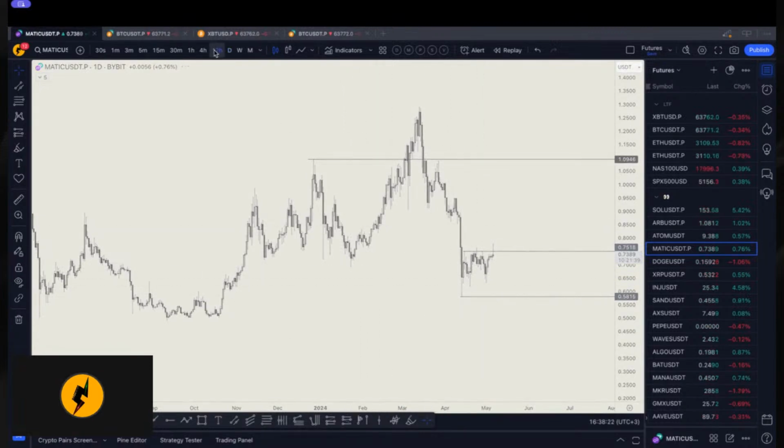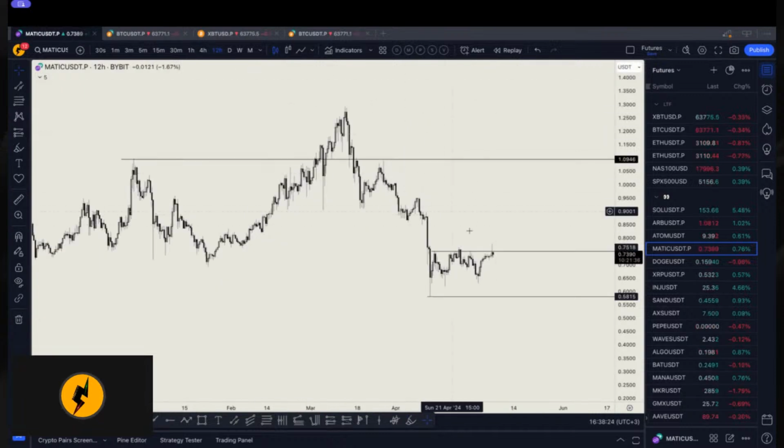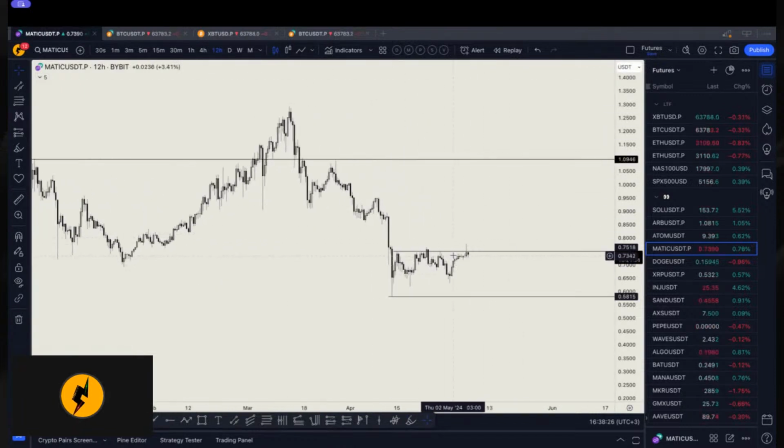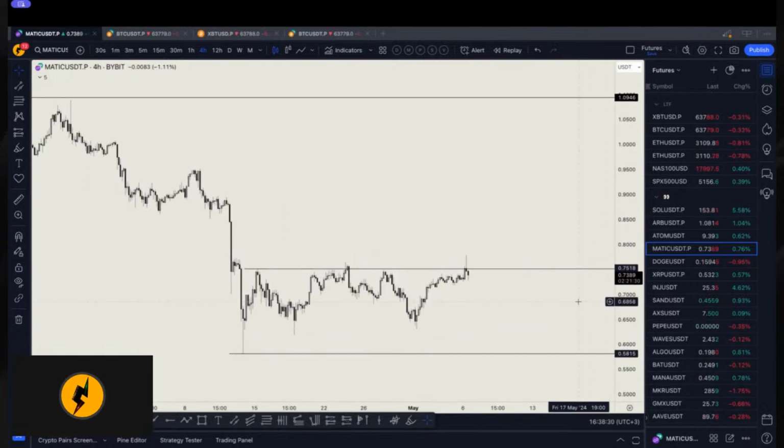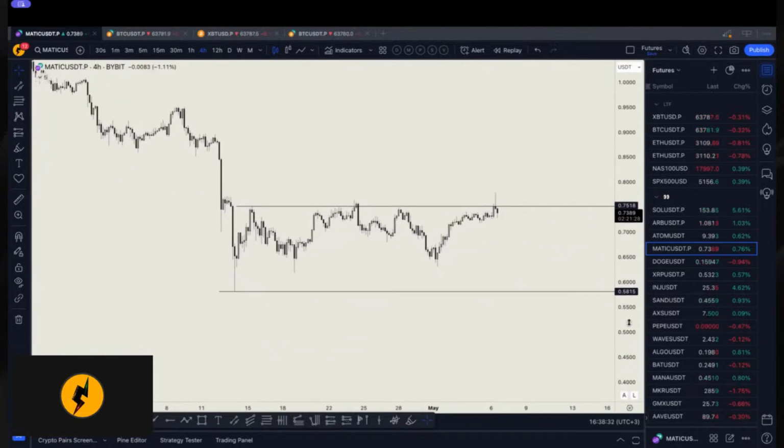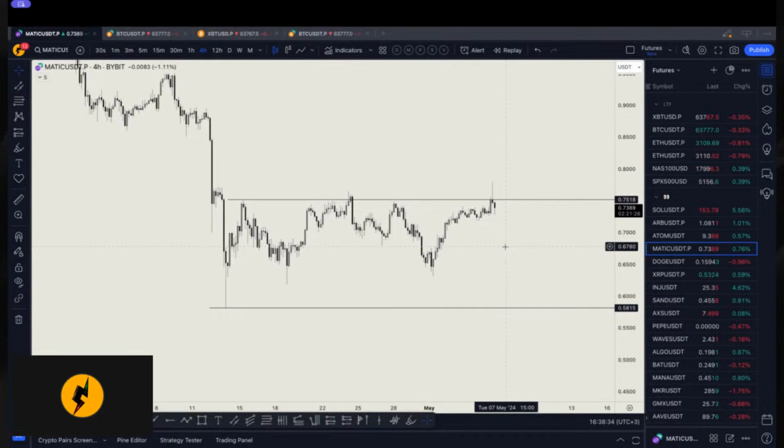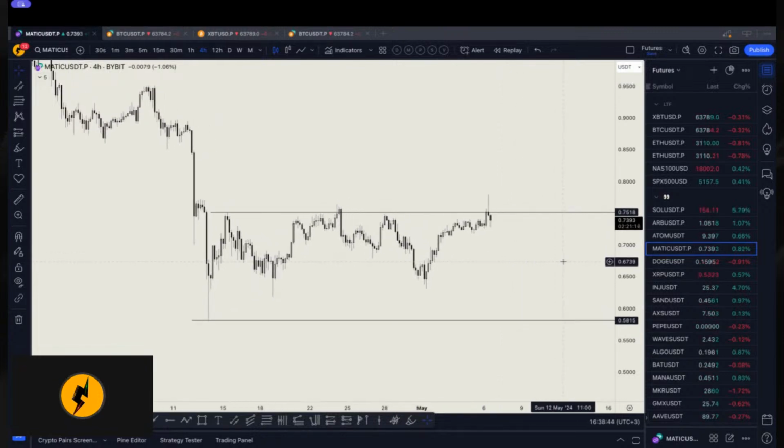When I go lower on time frame, I try to find my range. Starting with the range has always been a good way for me to look at charts. You kind of have a checklist. You know what you're looking for in any chart. So the first thing that I try to find on any chart is a range, right?